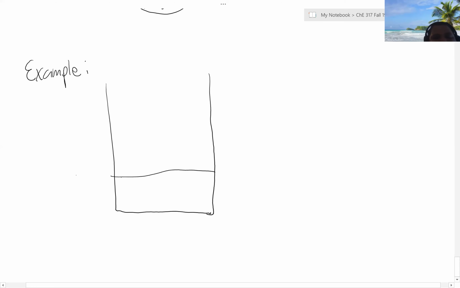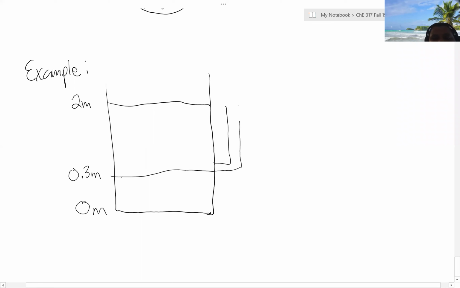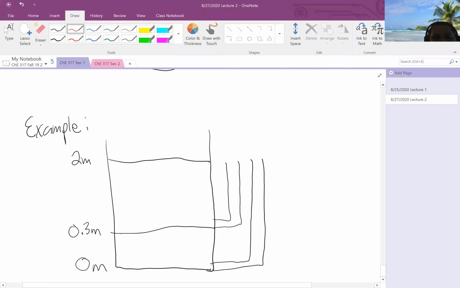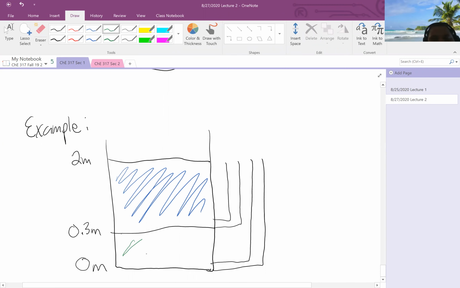Even if you don't have the world's best artistry skills, it still helps. So we've got a manometer here, and we've got another manometer here. And just for fun, I'll make liquid A blue, and liquid B can be green.